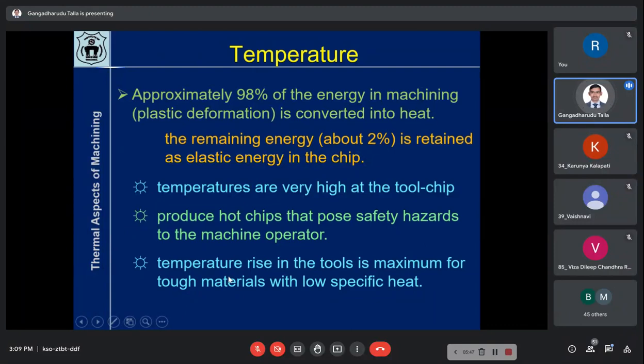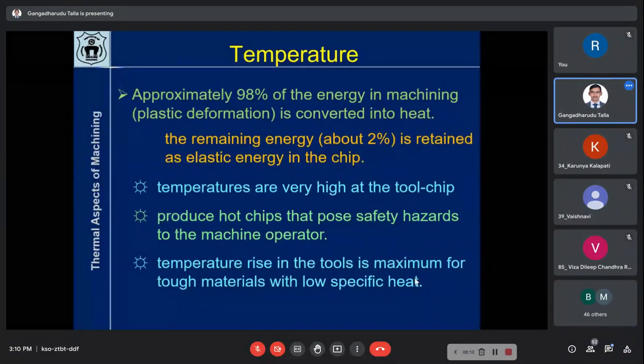Now temperature rise in the tools is maximum for tough materials with low specific heat. So when you talk about the cutting tool material, if the cutting tool is tough and if it has a low specific heat, then the temperature rise is high.